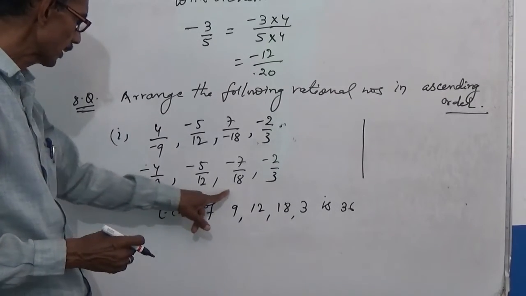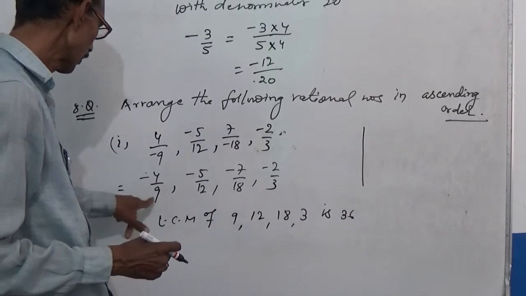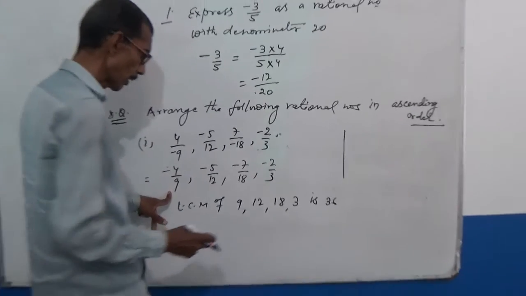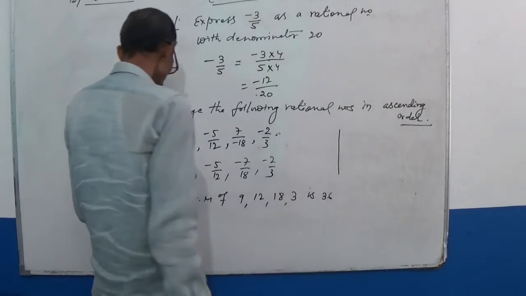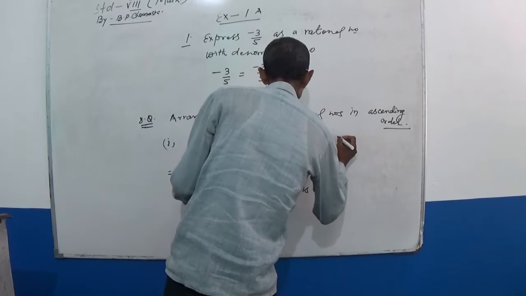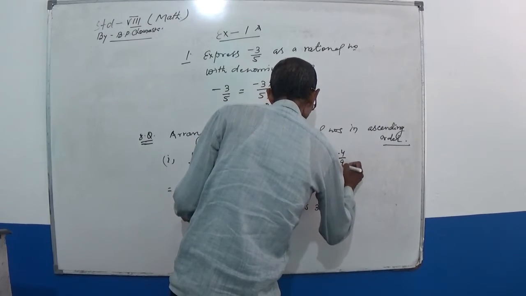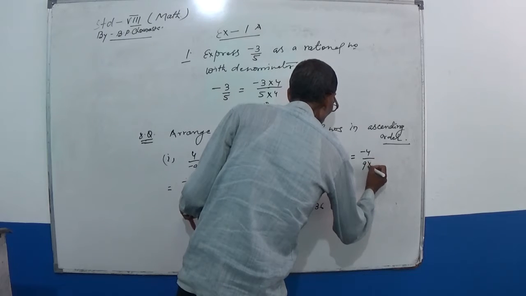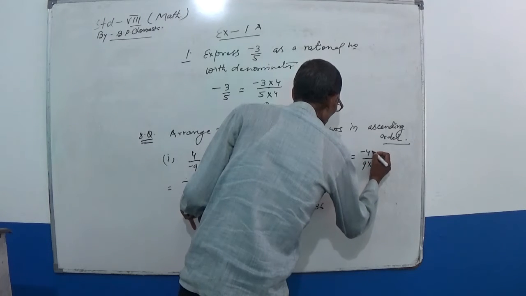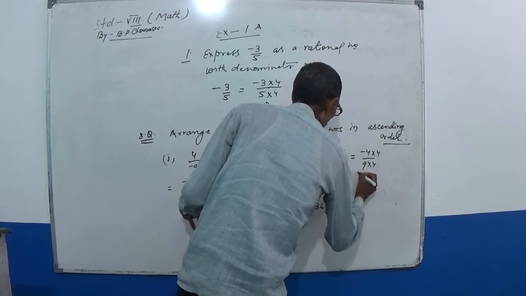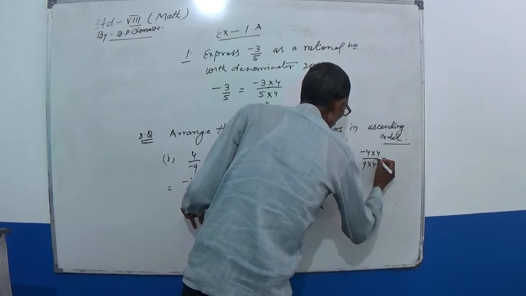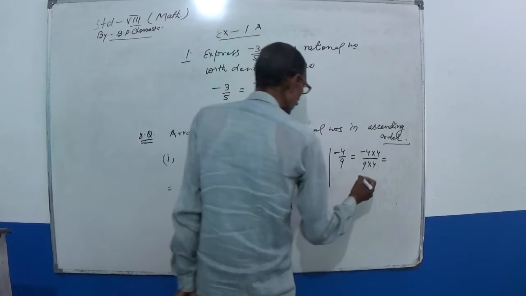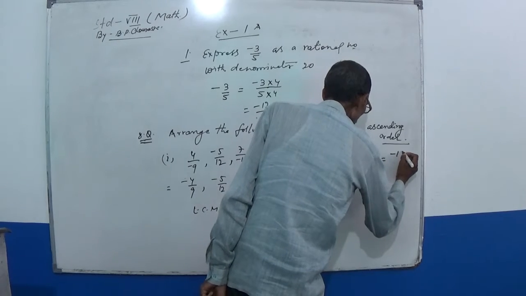Now change the denominators of these given rational numbers to 36. So you can write minus 4 by 9 is equal to minus 4 by 9, multiply denominator and numerator by 4. You get denominator 36: minus 16 by 36.